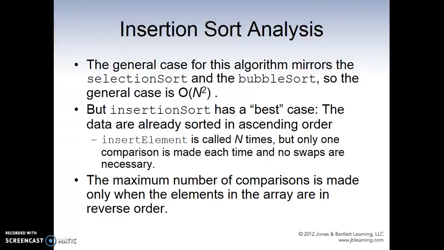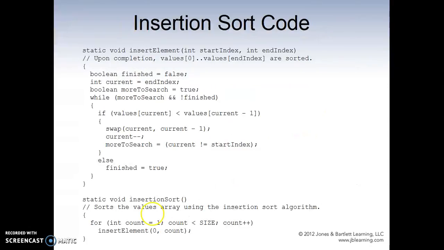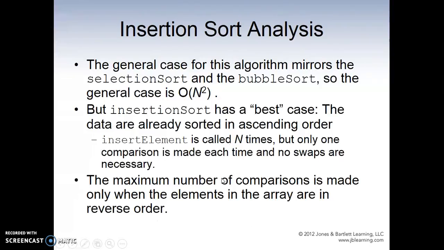If it's in ascending order, it costs only n, because only one comparison is made each time and no swaps are necessary. The trick here is that if it's already greater, then we're done. Finish is true. So that makes a difference. We don't have to do the whole list again.